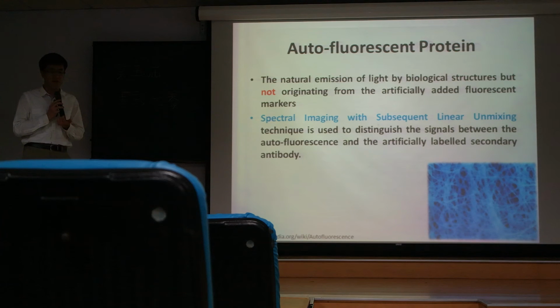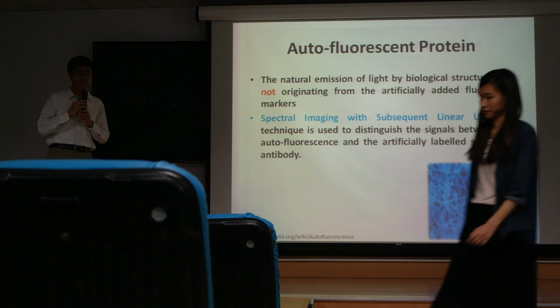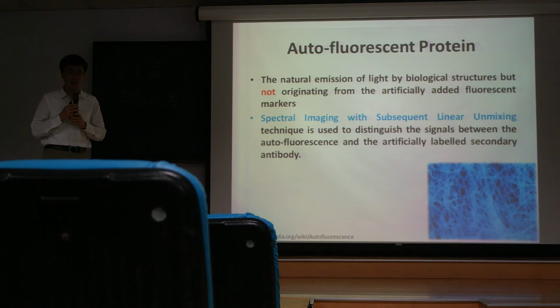I will search for several review papers about the autofluorescent protein and use maybe some biochemistry like Western blotting and use the antibody to recognize it. Are there any candidates that can be detected in the autofluorescent aggregates? So it might be the components. So do I answer your question? Yes. You need to first have an idea of which protein you are going to test before you do the Western. So you need to guess. Need to guess.